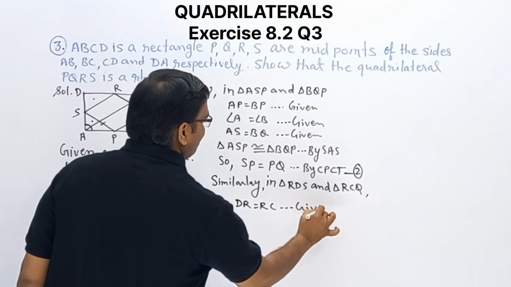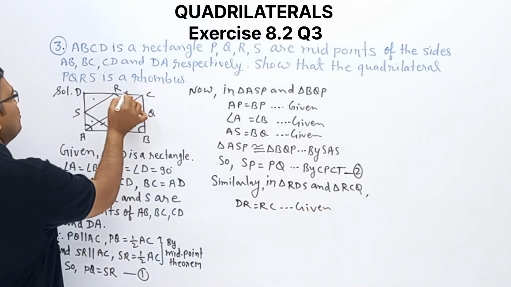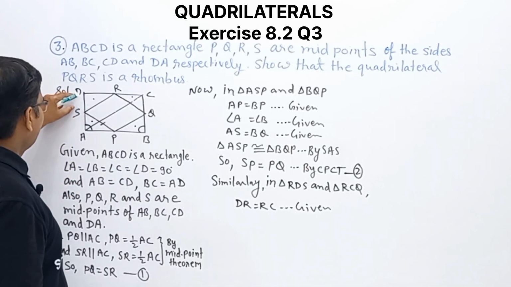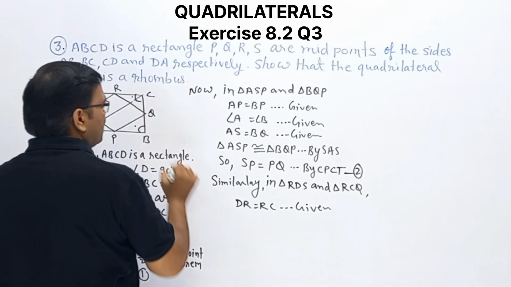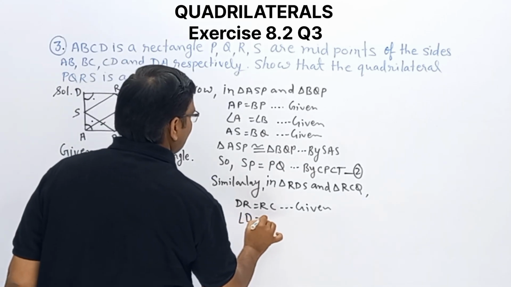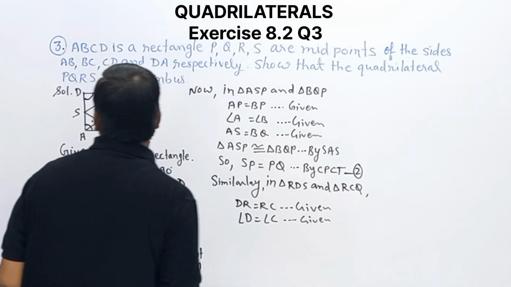This R is the midpoint, R is what? Midpoint. So DR, this one equal to this one, and again this part will be equal to this one. This angle equal to this one. Angle D equal to angle C, 90 degrees, given rectangle, so these angles will be 90 degrees.